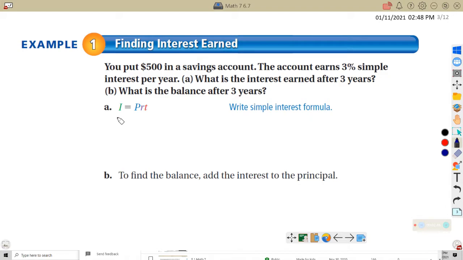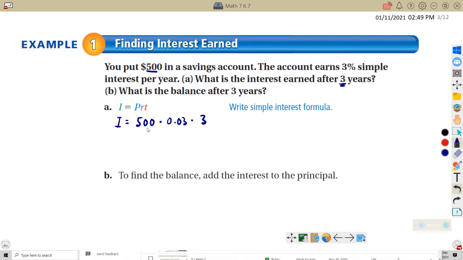Interest equals principal, the amount deposited, so 500. The rate, 3%. Decimal form, remember, so 0.03, times 3 years.